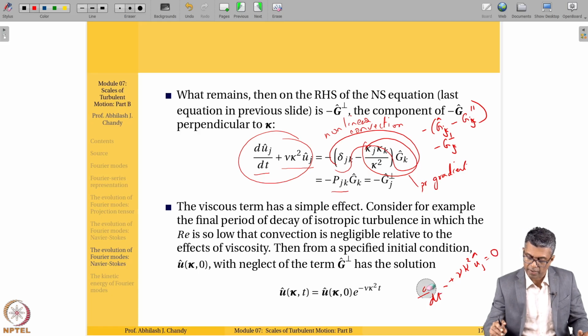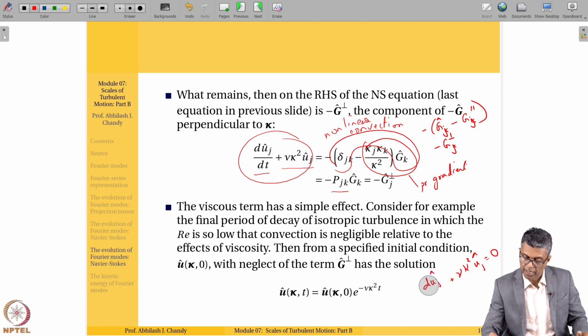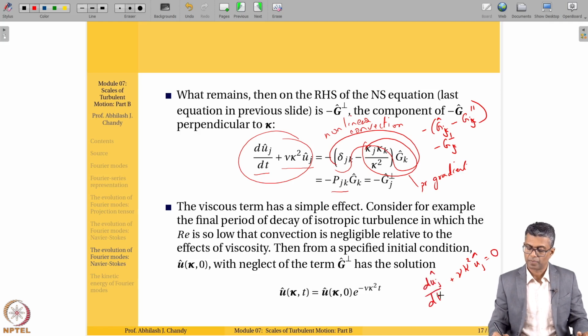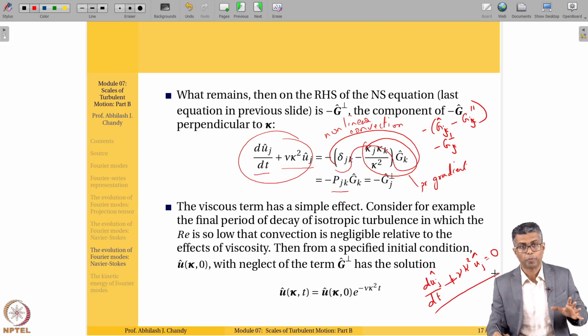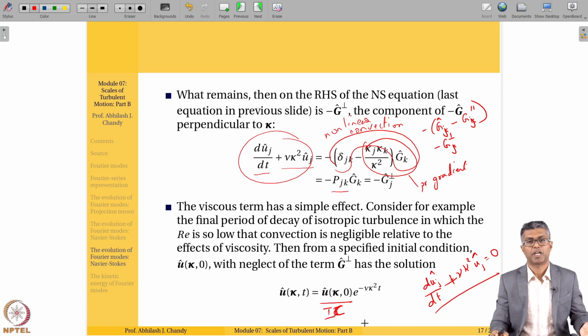So let me just write this clearly. The time dependent term, it is d uj hat dt. Isn't it? Now if you solve this with a suitable initial condition u hat of kappa, 0, which is your initial condition, then your u hat of kappa comma t is u hat of kappa comma 0, your initial condition, multiplied by e to the minus nu kappa squared t, just an exponentially decaying function based on an initial condition.